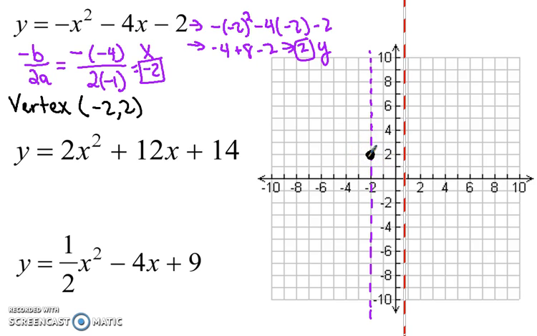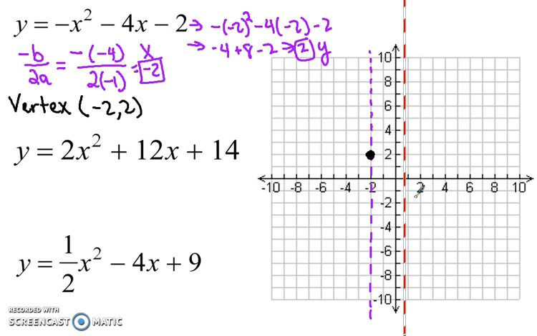So the third step is the same step we did in vertex form, actually. It's really simple. We just look at that very front number, and it is a negative. So we know that we're going to open downwards. It doesn't have a number other than the negative 1, so we know it's not going to be super skinny.